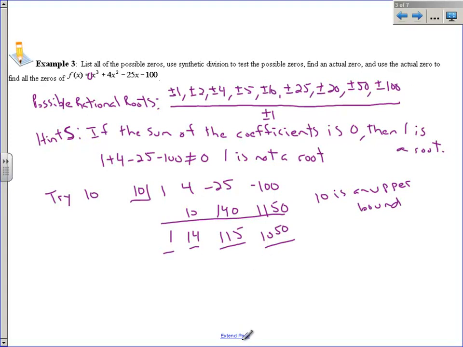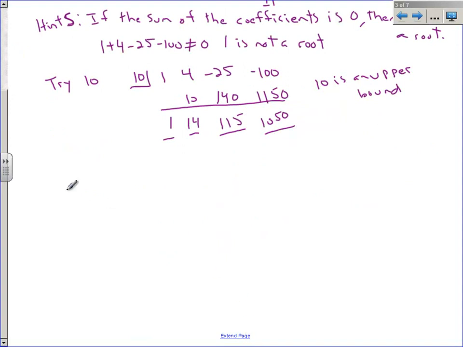All right, I'm going to show you another one, and that is called a lower bound. Let's try negative 10. Now, a lower bound is there's no number smaller than this if the numbers alternate. If when you do your synthetic division they alternate in sign, plus minus, or minus plus minus plus, then we found a lower bound. So take a look at this. We try negative 10 with our synthetic division.